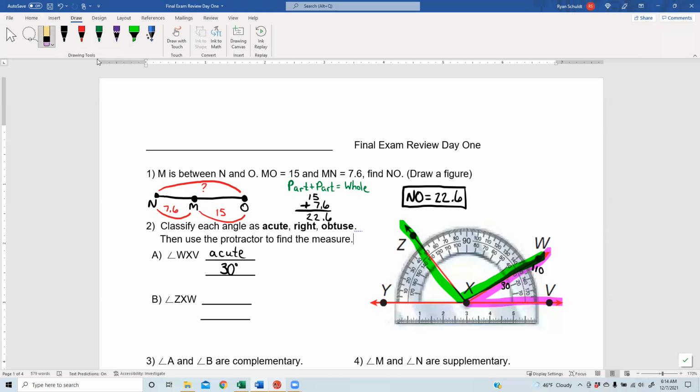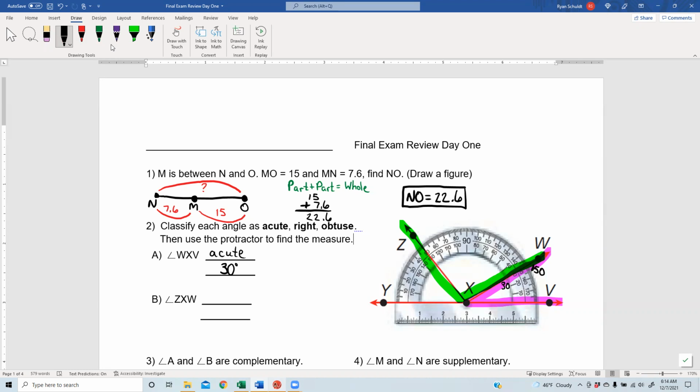I do see where I messed up right here, though. That's not a 110, that's a 150. Wow. 150. Okay. This one's a close call. W is either at 30 or 150.